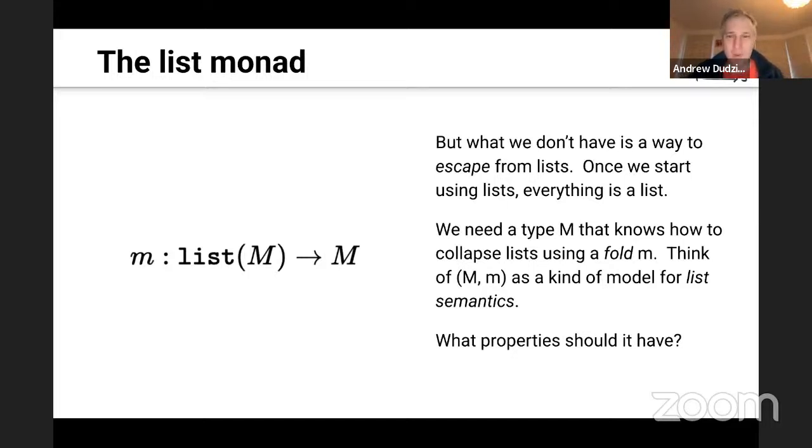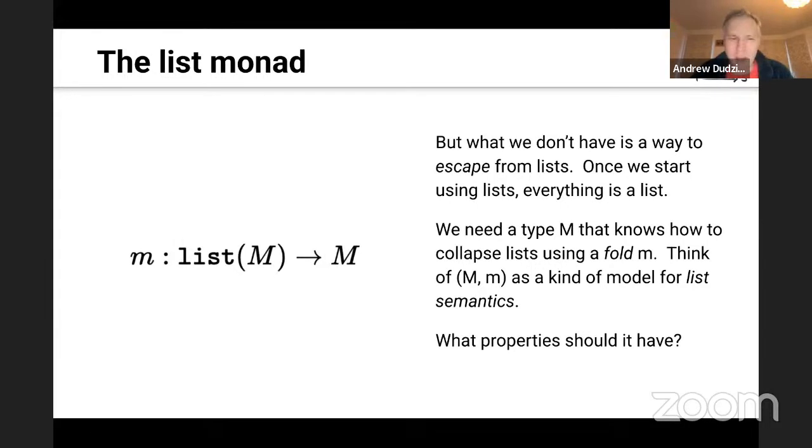Well, you need some way to fold a list, which means that you need a type equipped with such a map that can smush lists down together into single values. Lists themselves do this with concatenation, but maybe you want something more interesting, which I'm going to call a model for list semantics. So, as a basic thing, you might look for the maximum value in your list and return that as a number, right?